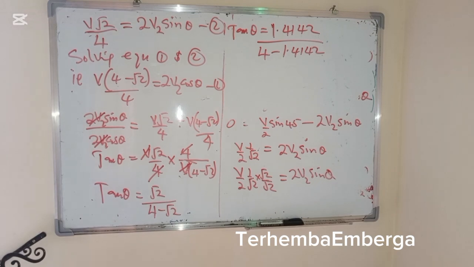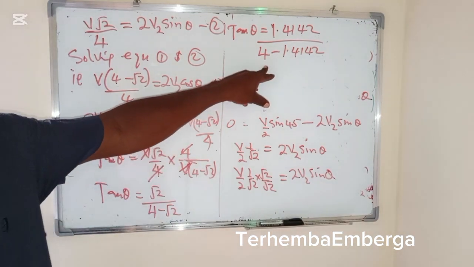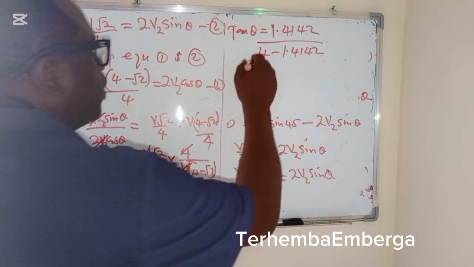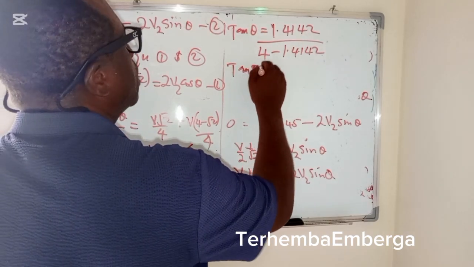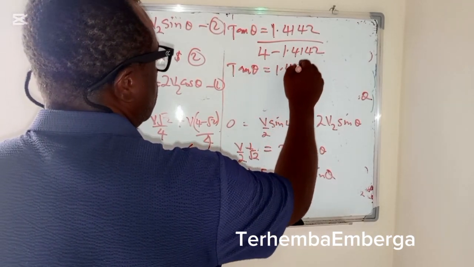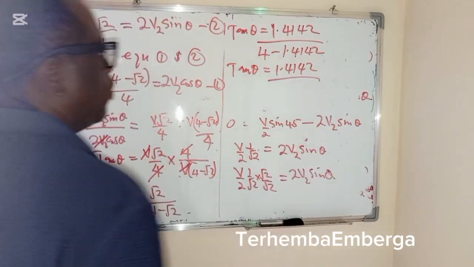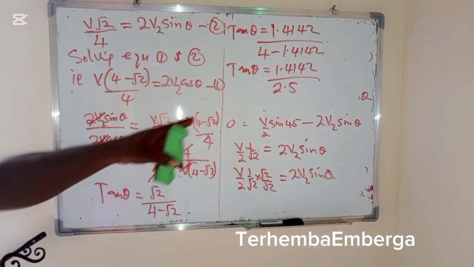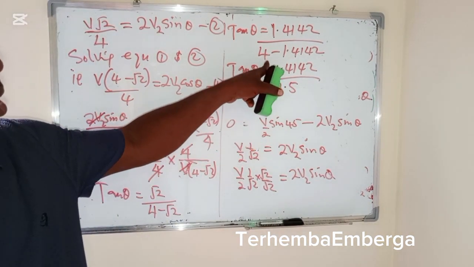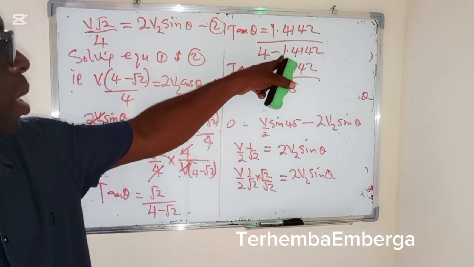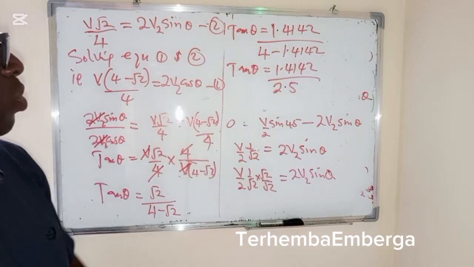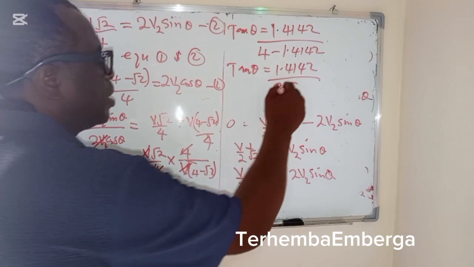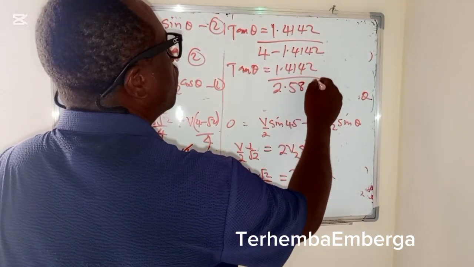By the time you do the subtraction, 4 minus 1.4142, we have 2.5858.